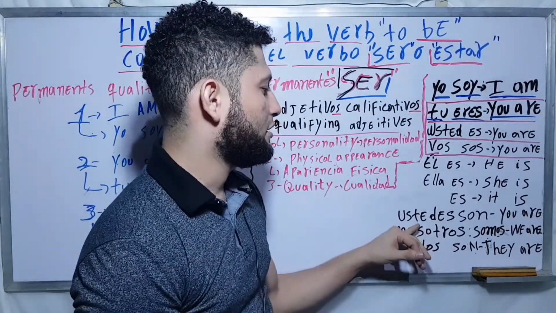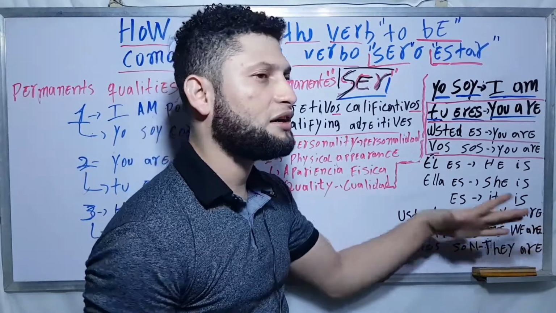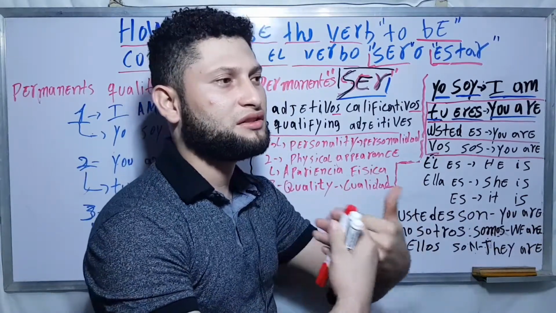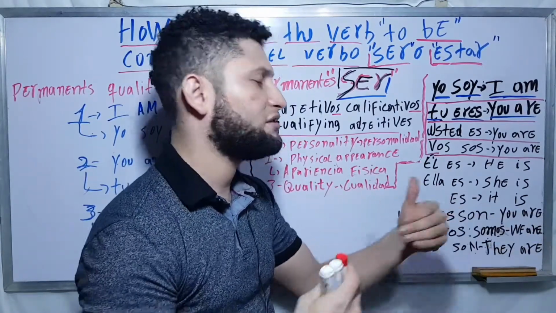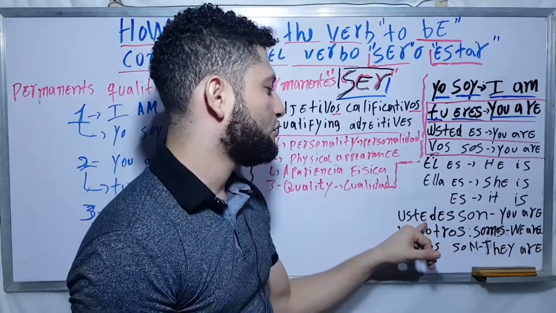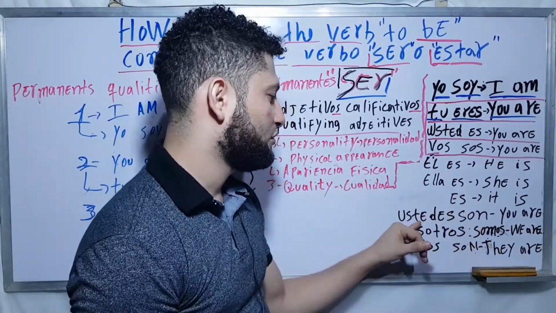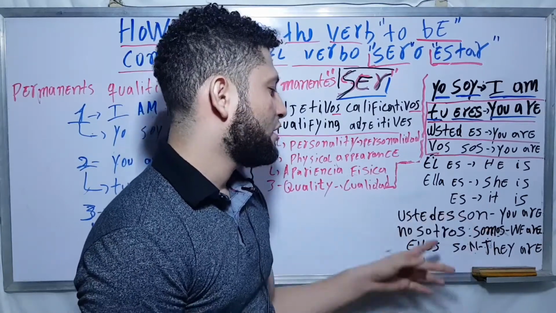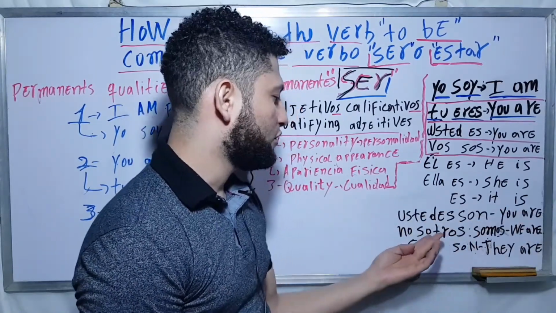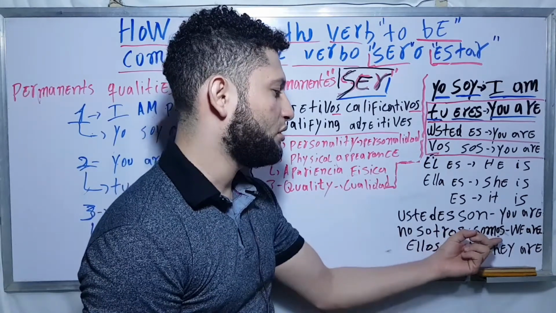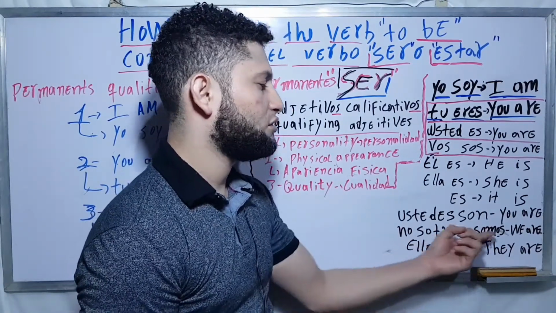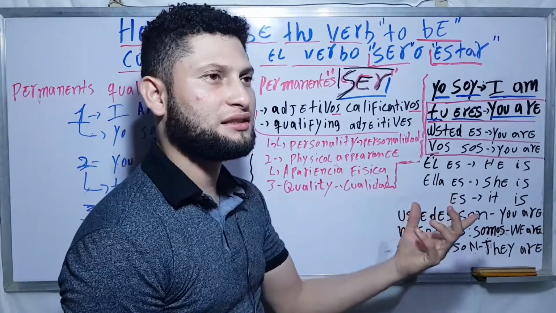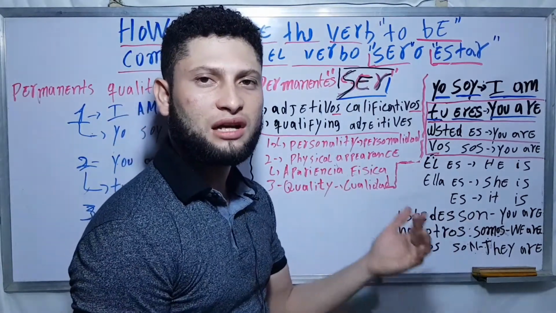Now, ustedes son, you are, for more than one person, the second person in plural. Now we are, nosotros somos. We are friends, nosotros somos amigos.